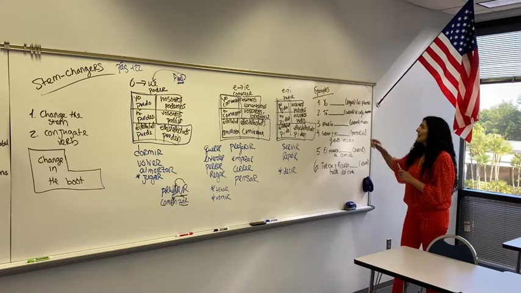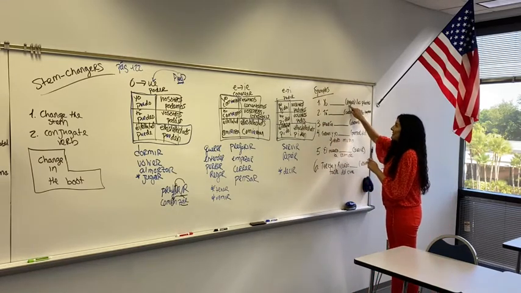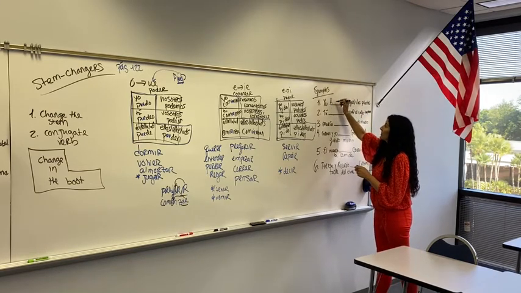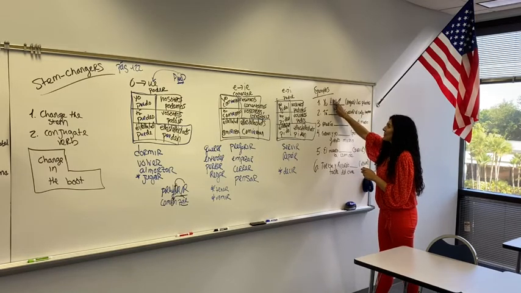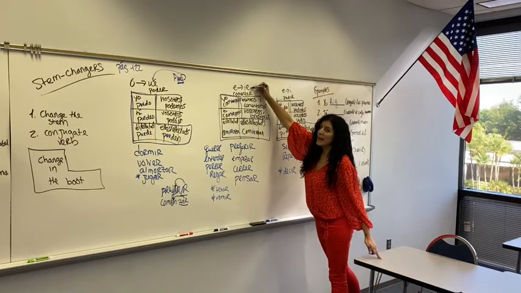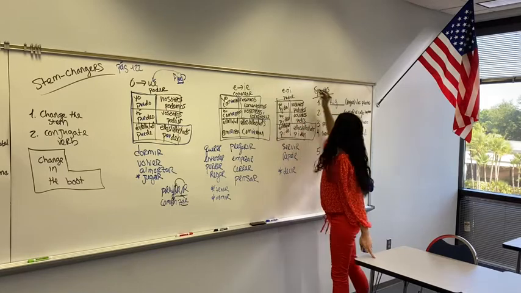So that means I need to take out this E that's in the root. So here would be the root otherwise. But instead, I don't write this E, because what am I going to do? I'm going to supplant it with IE.